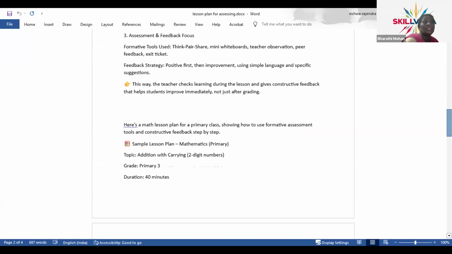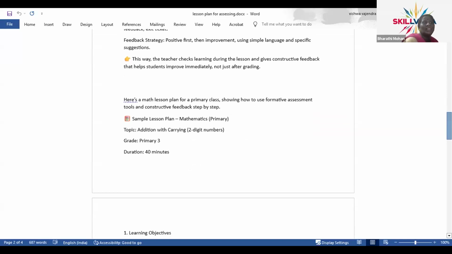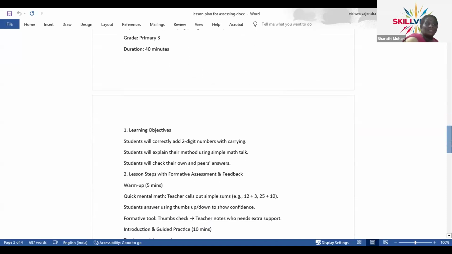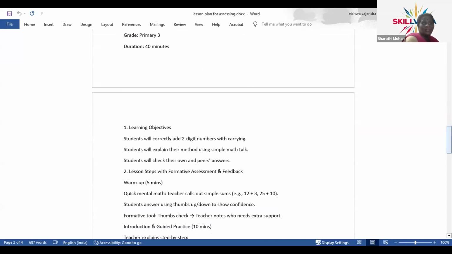Now again, if it's maths and you're teaching addition with carrying, two-digit, you can start by telling them what addition is first. Like how if we have less money, we keep it at home, and more money, we put it in the bank.